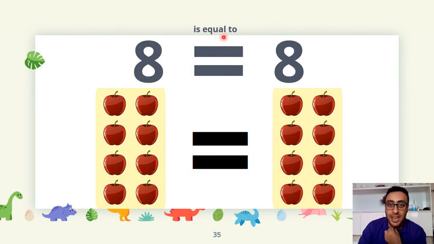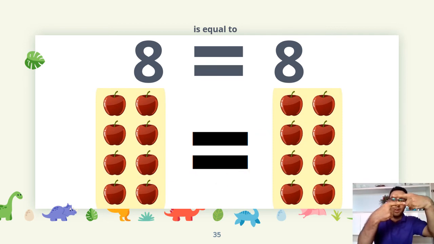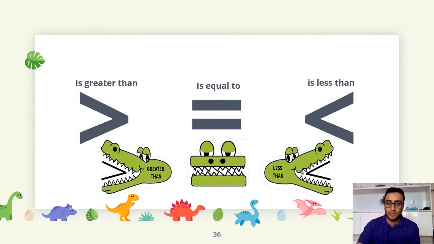8 is equal to 8. But we don't have to write this. We just put 2 lines like this. Okay. So now we know 3 symbols. Remember, the crocodile likes to eat the bigger number, okay?